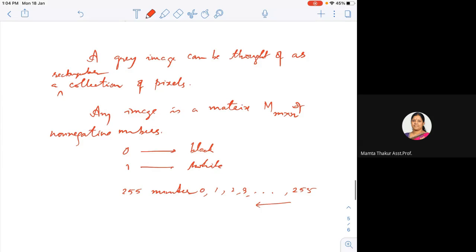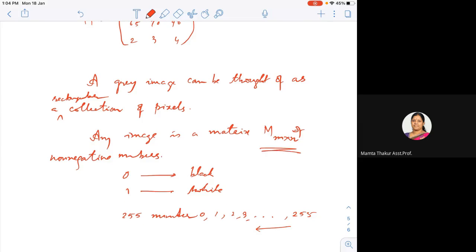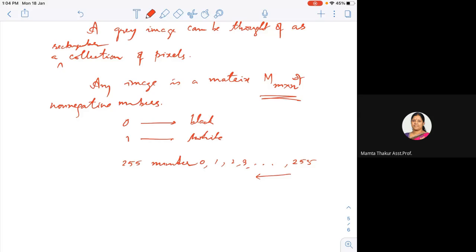So a collection of these numbers between 0 and 255, in a matrix of order m by n, is going to be a matrix representation for the image, right?